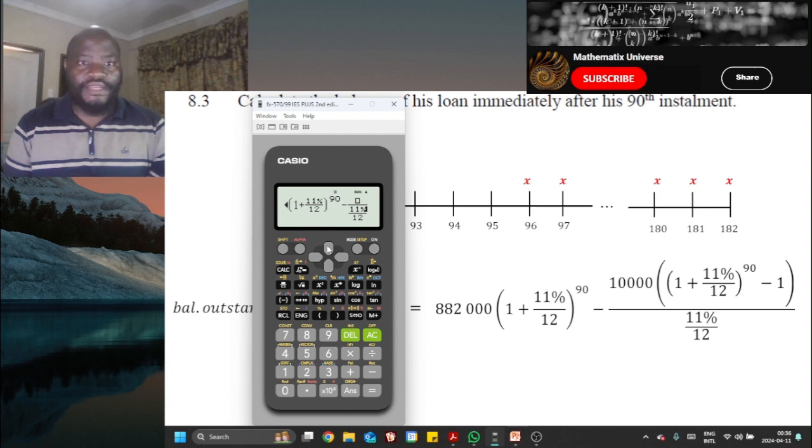Then in the numerator we have 10,000 multiplied by 1 plus our fraction of 11% over 12.